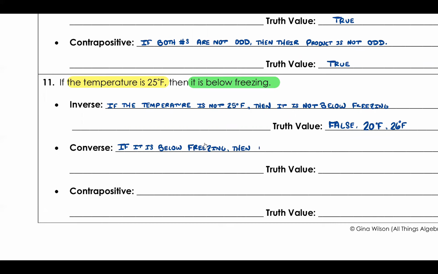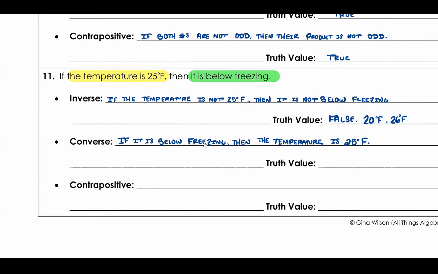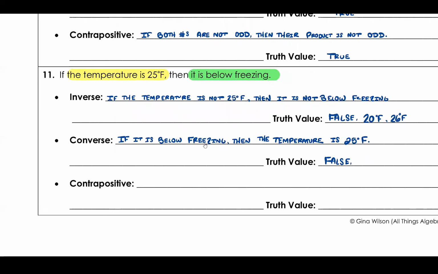Then the temperature is 25 degrees Fahrenheit. True or false? Why? Yeah, it could be 5 degrees Fahrenheit outside. Is that still below freezing? Yep.